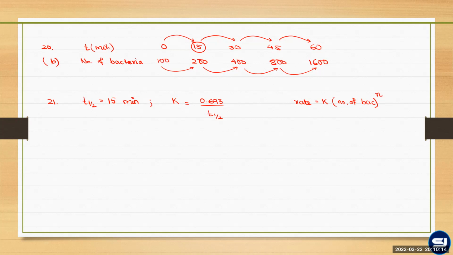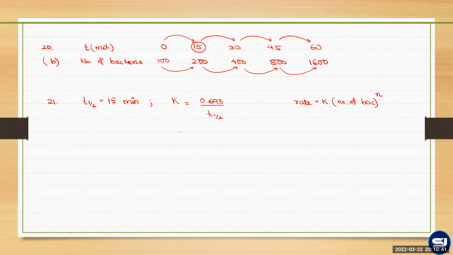देखो, अगर आप रिवर्स में देखो तो for every 15 minutes the number of bacteria are getting doubled only. तो जैसे जैसे टाइम 15 मिनट्स हो रहा है, the number of bacteria are getting doubled, because rate is proportional to number of bacteria ही है ना। Yes, sir. बेसिकली ये आपका हाफ लाइफ ही है.